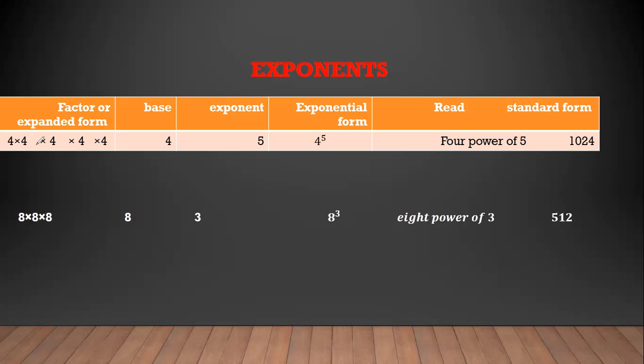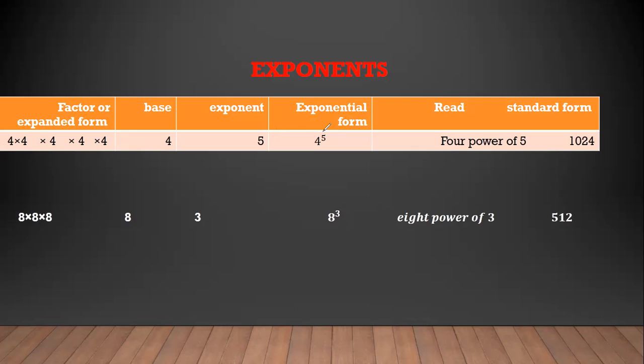How many times is it repeated by itself? 1, 2, 3, 4, and 5. So the exponent or the power is 5. How do we read and write it in exponential form? 4 power of 5.